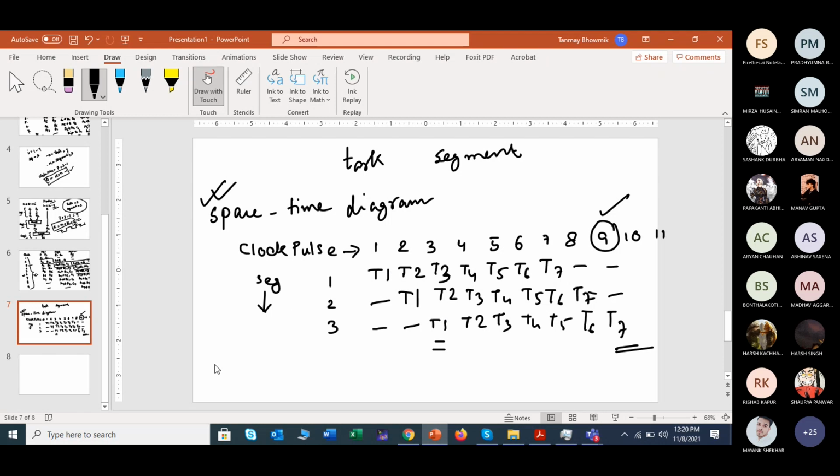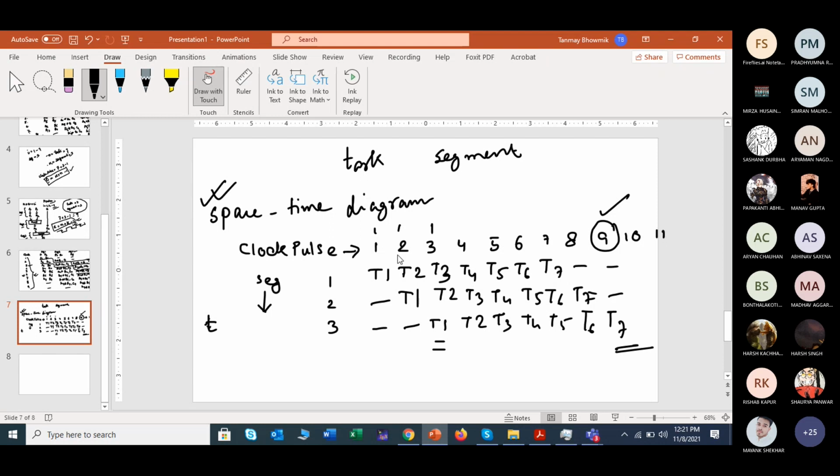If one more question is asked: if one clock pulse duration is T, then how much time is required to complete task T1? What should be the answer? Any guess? Think about from here to here.